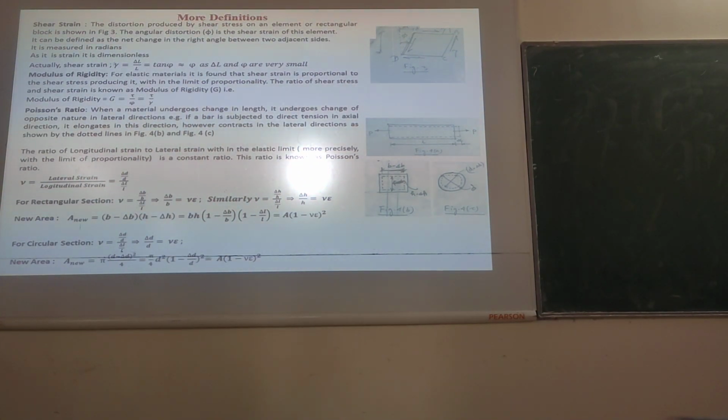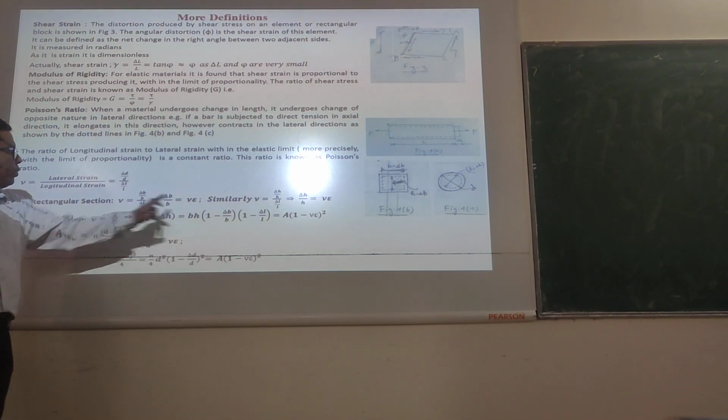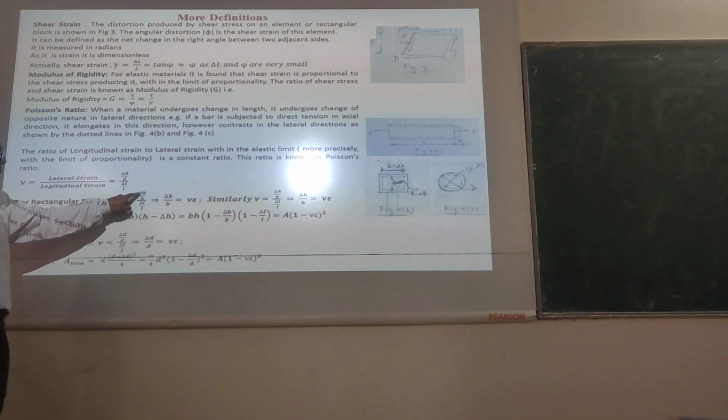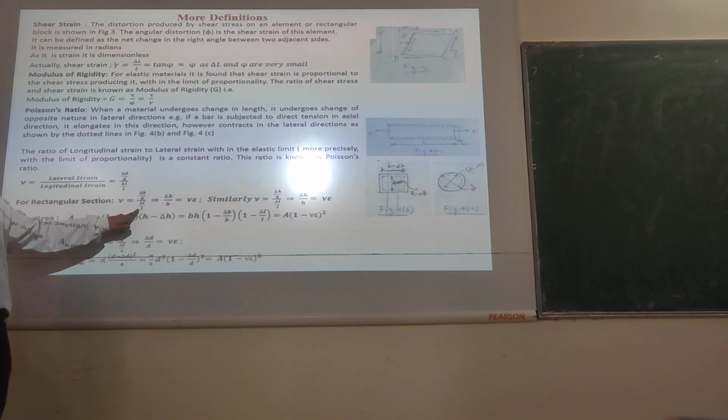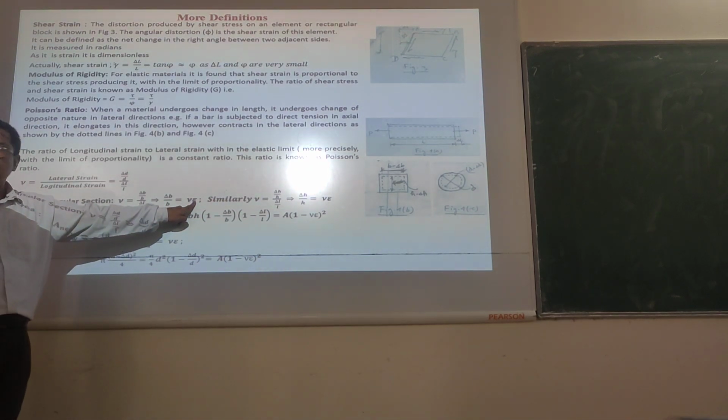This is a beautiful concept where you will observe that the Poisson's ratio is delta B by B over delta L by L. So delta B by B will be what? Poisson's ratio mu multiplied by the longitudinal strain. That is nothing but a small exercise, right?